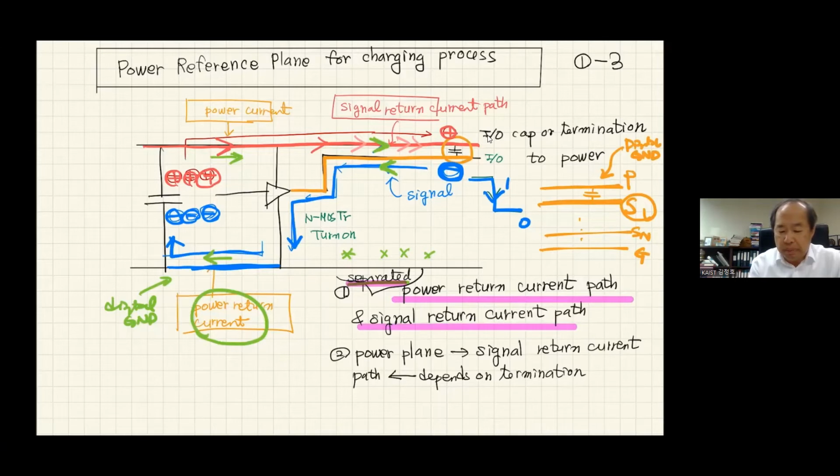Here, power return current is conducted through the ground metal plane, but signal return current is actually conducted through the power plane because the major I/O capacitance is between the power and signal. So the power plane is serving as a signal return current path. However, this is a little bit complicated. That is a very typical part of the ground design.